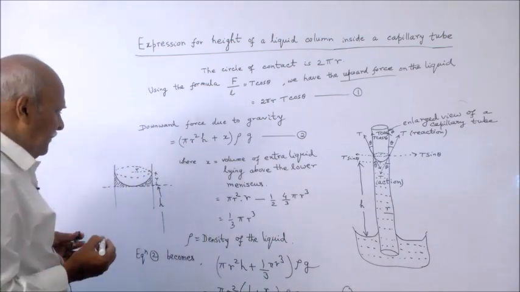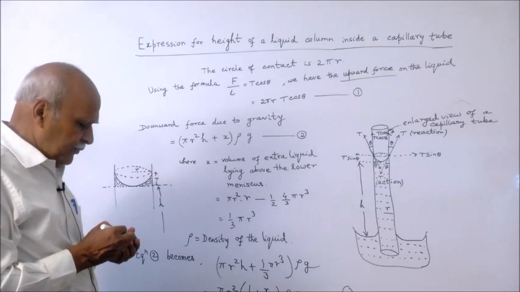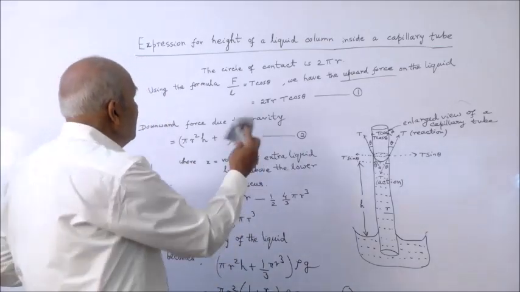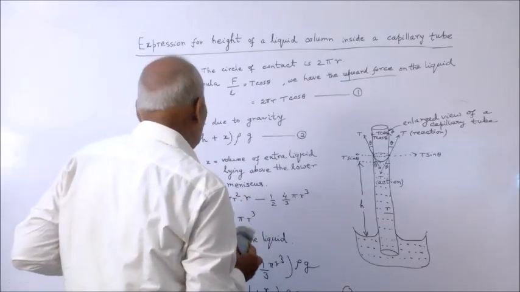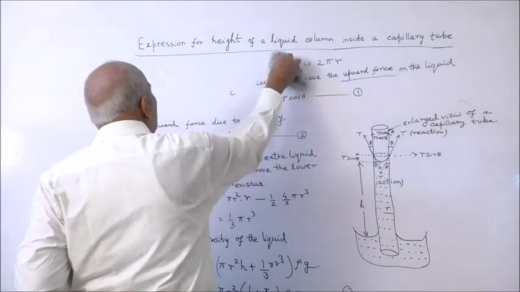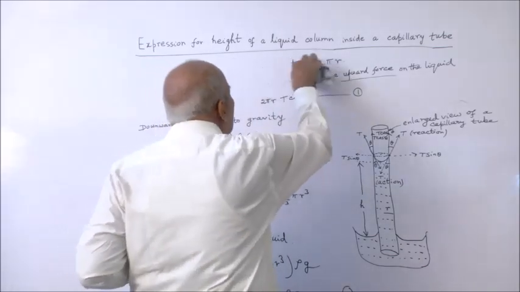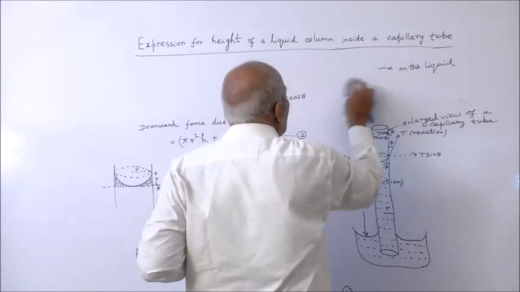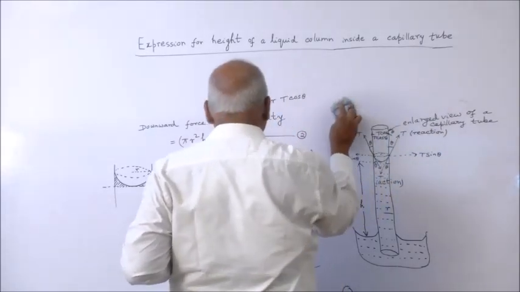This is equation 3. So, this is the downward force, and for equilibrium this upward force must be equal to the downward force. So, we can write that for equilibrium, means net force is 0, upward force must be equal to the downward force.